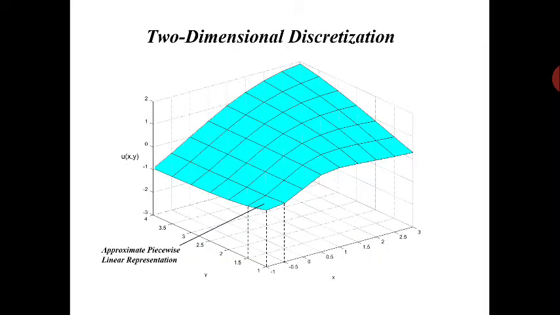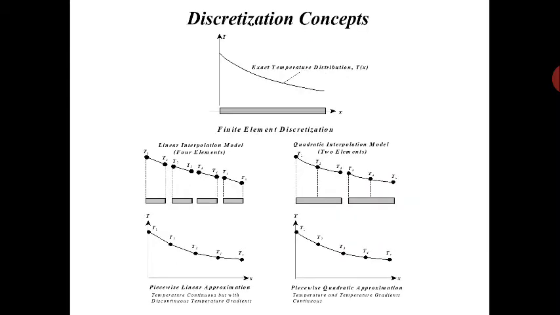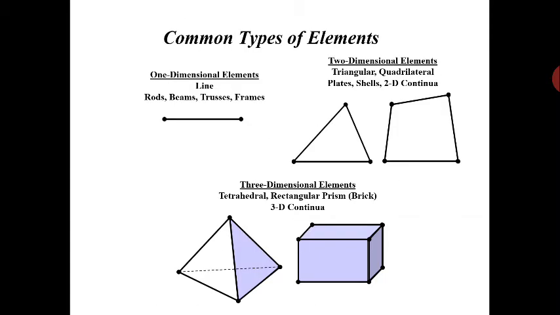There may also be a two-dimensional discretization. This is a problem where we need to discretize in two dimensions. This is the discretization concept, and we can have common types of elements for discretization purposes.